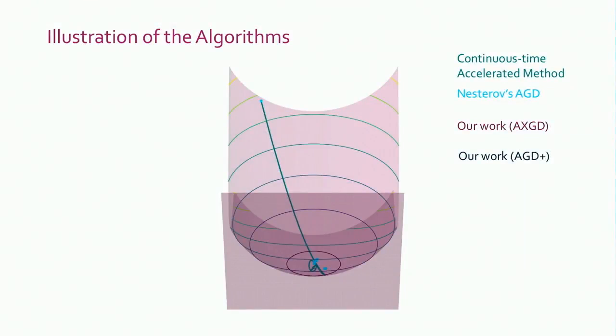I'm not sure how much you see. It goes like here. This is AXGD, the first algorithm I showed you. This is the improved AGD that reduces oracle complexity. They take very different paths, and they don't necessarily follow the continuous time dynamics.